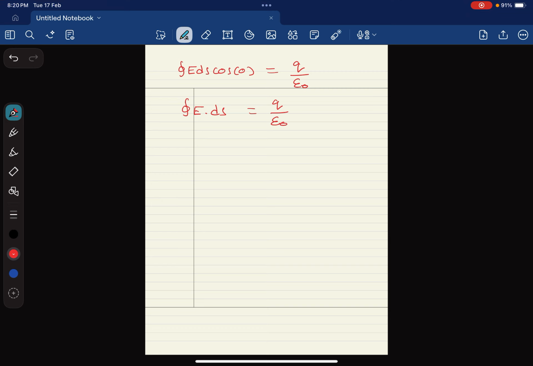Here the integration term will be there, so we are going to integrate the surface area element. I'm taking E outside: E into closed integral ds is equal to q by epsilon naught. Here the integral of ds is nothing but s, so E into s is equal to q by epsilon naught, where s is the surface area.